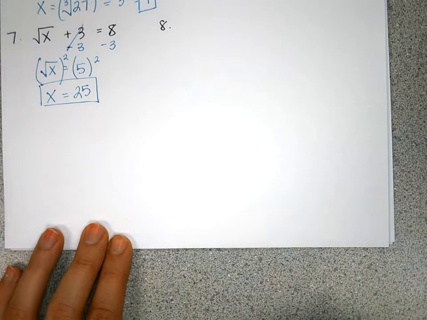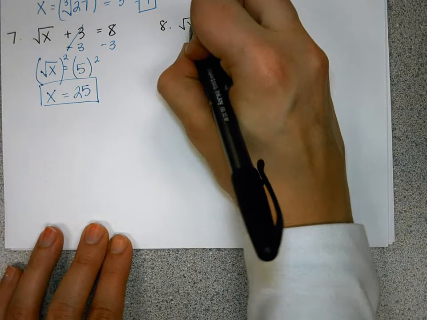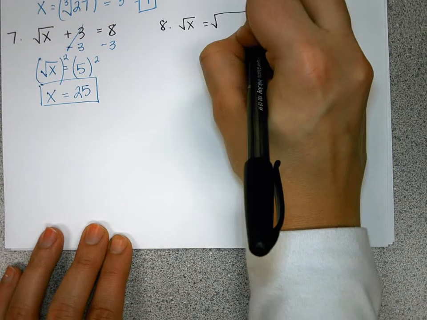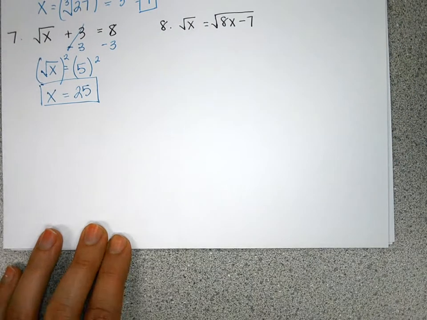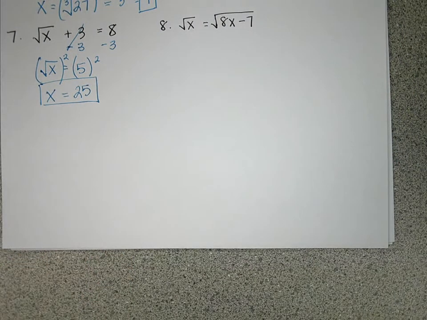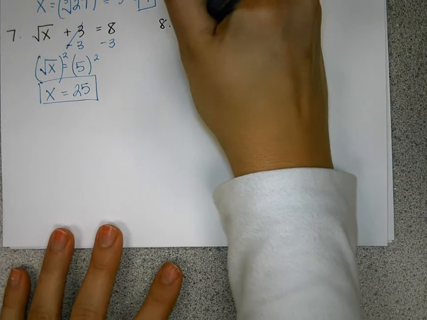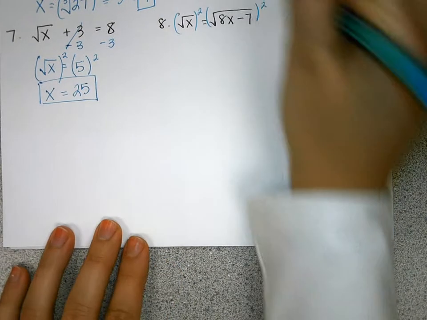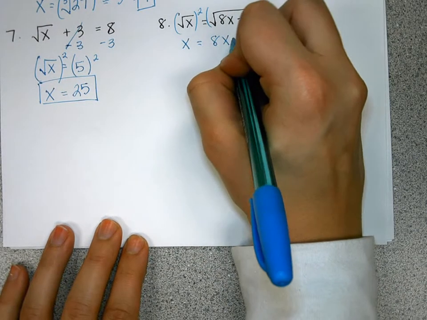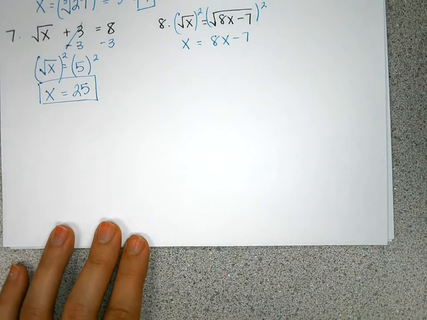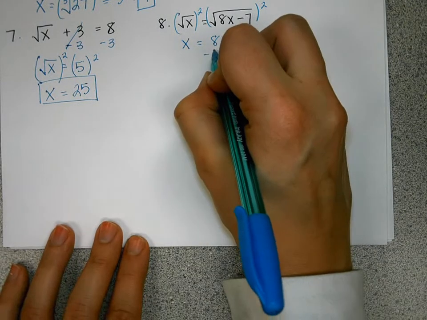Number 8, the square root of x equals the square root of 8x minus 7. Both sides have a square root this time. So what we're going to do is square both sides. So that gives me x equals 8x minus 7. Let's combine like terms. So I'm going to subtract 8x from both sides.